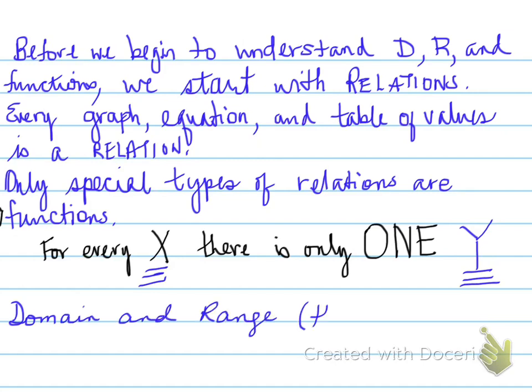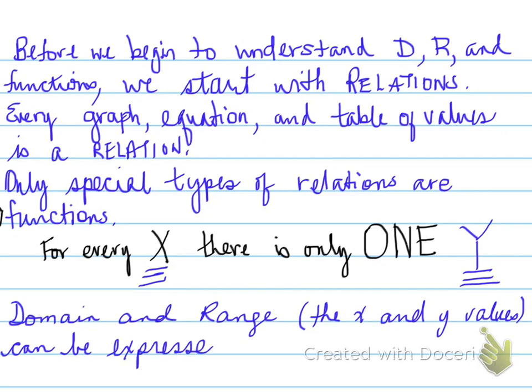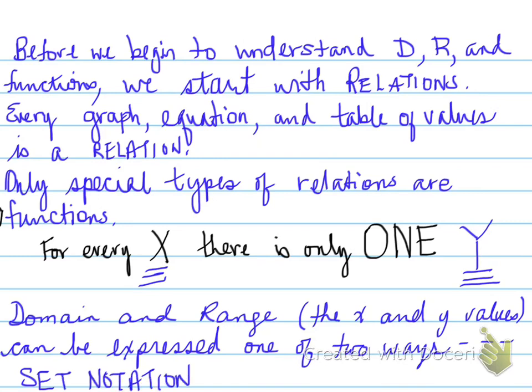The domain and the range, the x and y values, can be expressed one of two ways, using set notation or interval notation. In grade 11, we discuss set notation. In grade 12, we do interval notation.